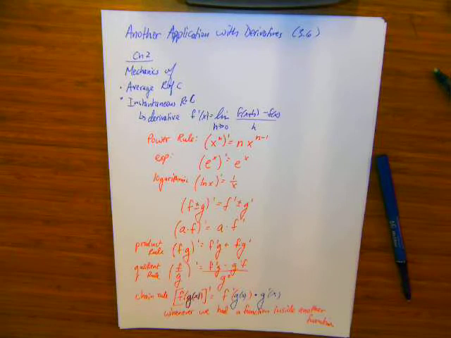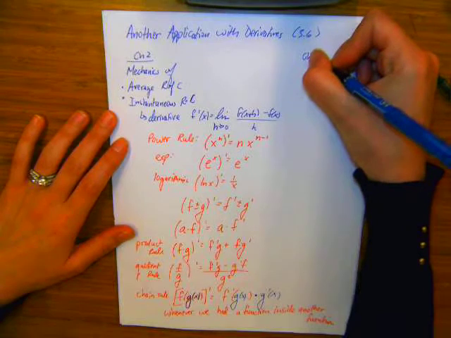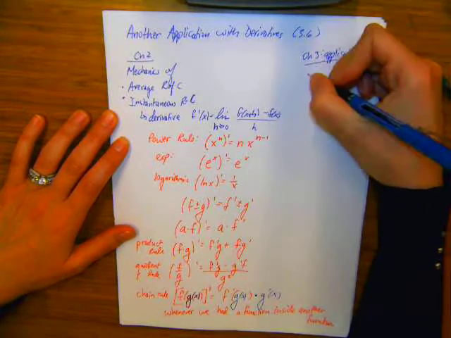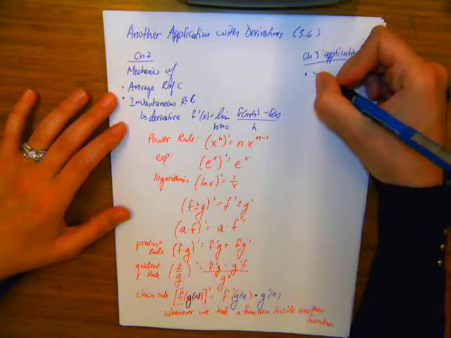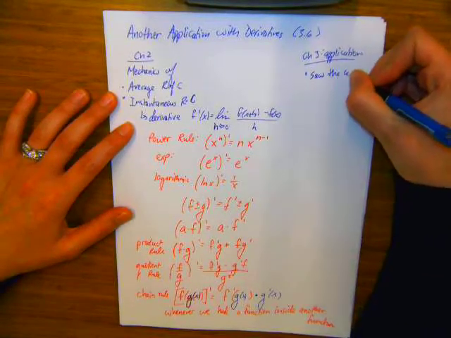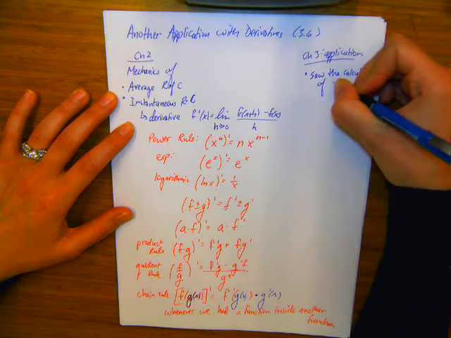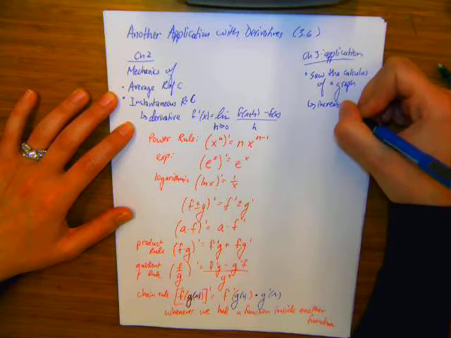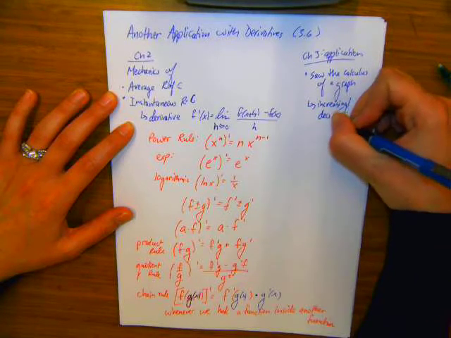Okay. So when we moved on to chapter 3, it took this idea of rate of change to talk about, well, how does that correspond to what the graph looks like? So the major application we did was chapter 3 being application, right? We saw how the calculus of a graph, in terms of increasing, decreasing, local maxes or mins.